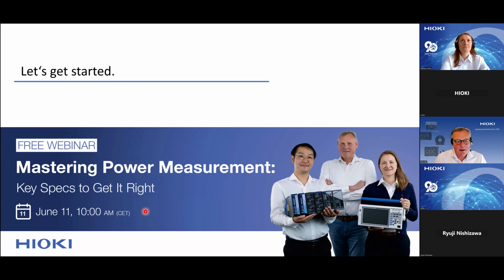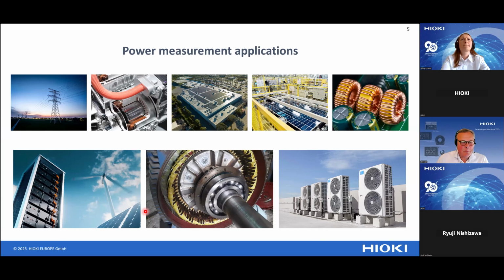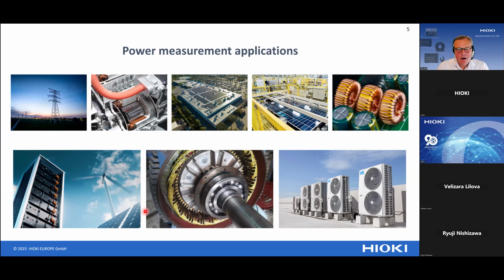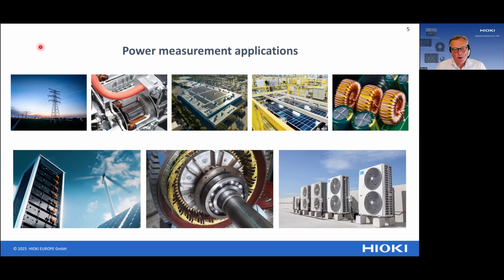Thank you, Velizara. Well, let's start with some background information. The decarbonization of modern society in many situations will lead to energy and electricity conversion. This slide shows you the examples that are available, like, for instance, wind and solar power generation, electrification of transport, and climate control systems.